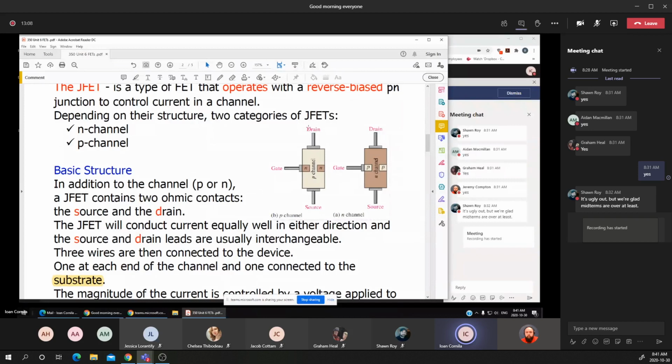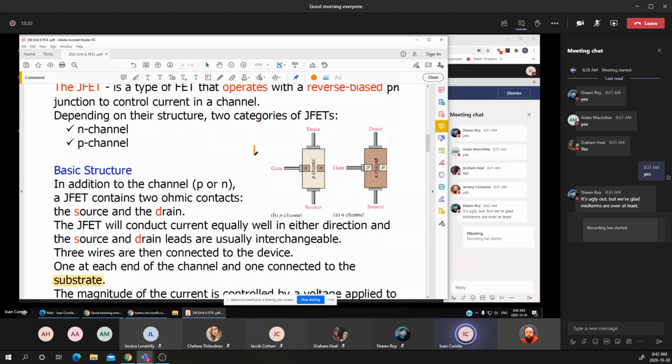The equivalent of the drain terminal is the collector of a BJT. The equivalent for the source is the emitter, and a similar terminal for the BJT is the gate instead of the base.